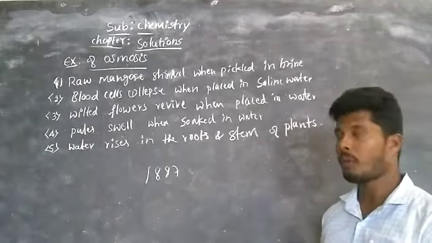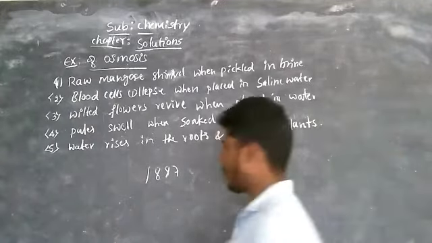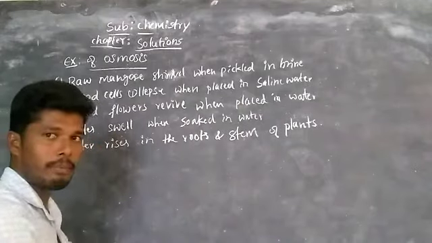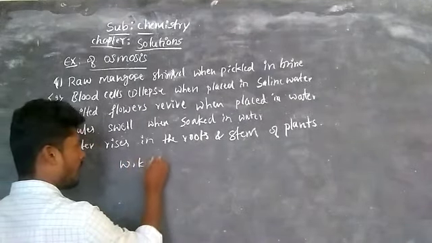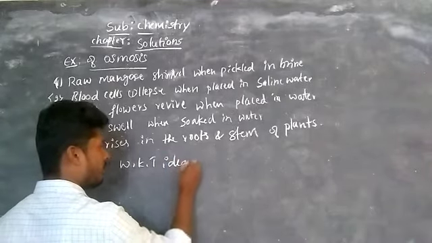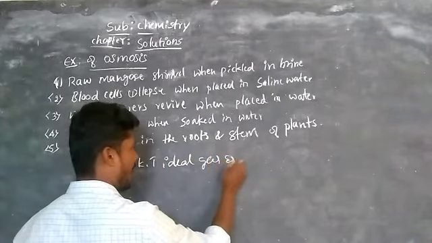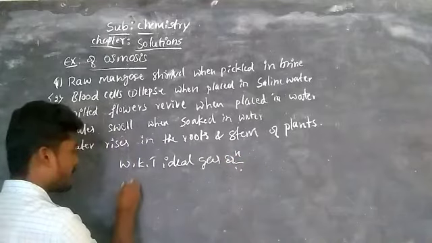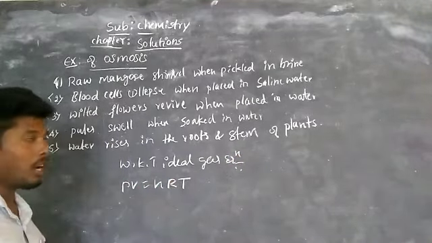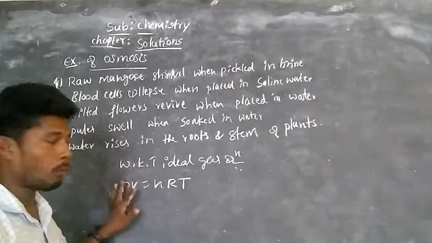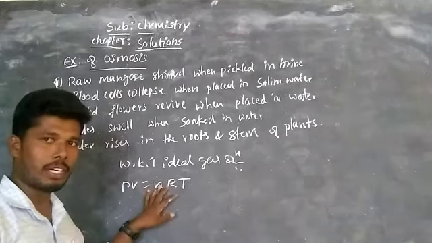Therefore, osmotic pressure for dilute solutions is given by, we know the ideal gas equation, PV is equal to nRT. All dilute solutions obey the ideal gas equation.